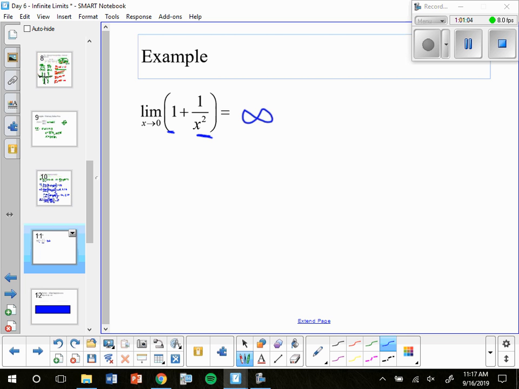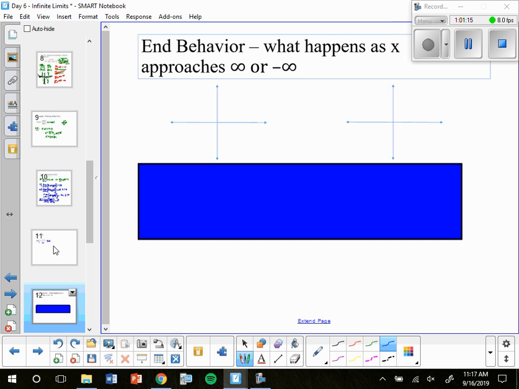Okay, so this is sort of the pause of vertical asymptotes. What other types of asymptotes do we have? Horizontal. And this is horizontal asymptotes. I promise you have done before in pre-calc, and they're really easy. So we're going to go over them quickly. Horizontal asymptotes happen as x approaches infinity or negative infinity.